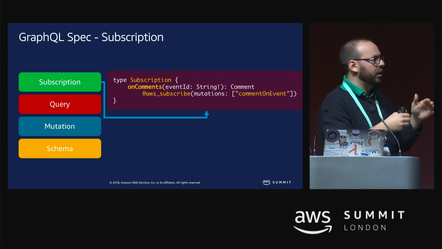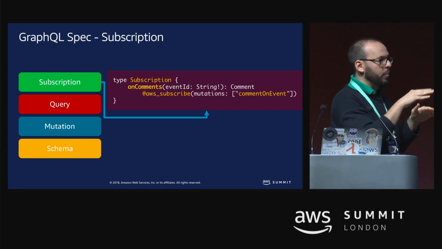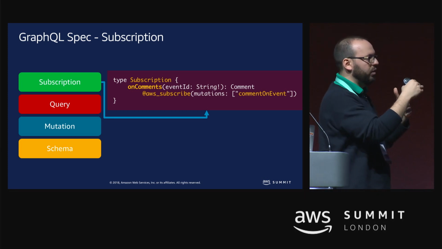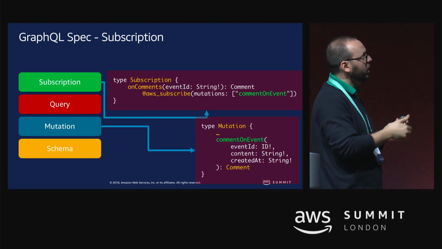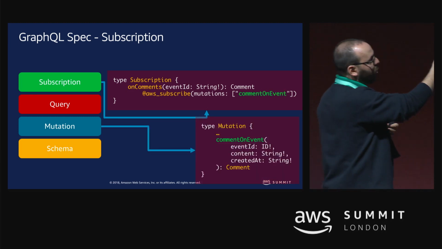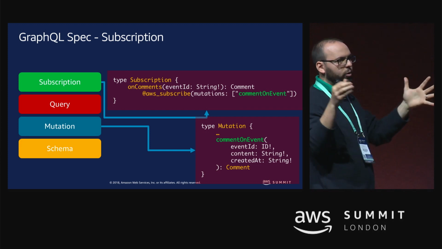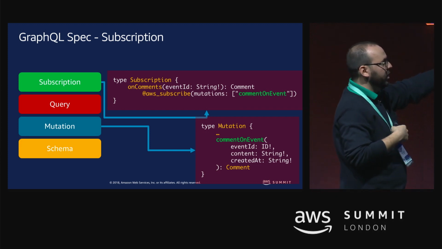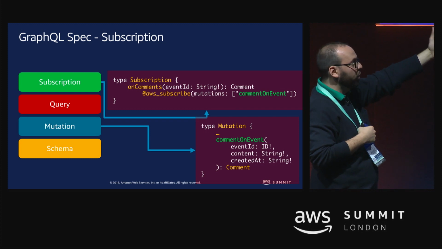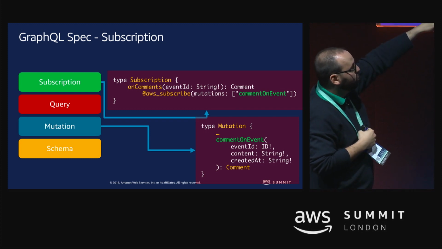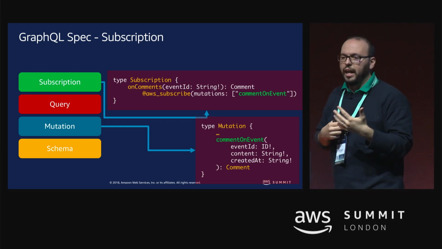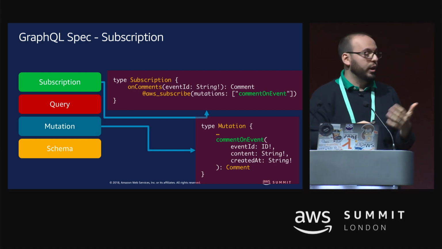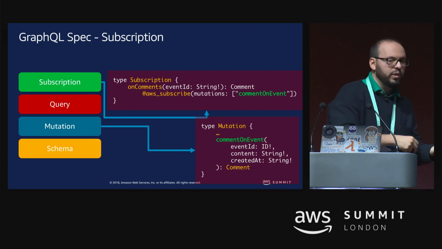So if someone works in real time trying to change the data, you will receive part of the data that has changed through WebSockets. When you look at a mutation, imagine you have multiple clients, and someone mutates that data, adding a new comment on the event. Anyone who subscribed to comments will receive the data that has just been updated. The good news about this is that not only Dynamo is in place, but actually a lot more data sources.